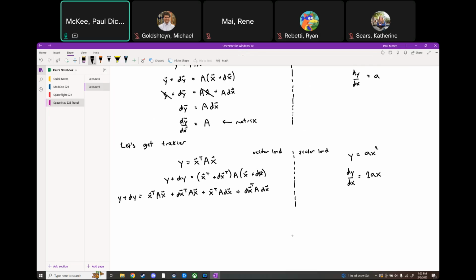Now in this case, we can cancel out y and x transpose Ax because we know that they're equal to each other. And also in this case, we've got a differential element squared, so this is approximately 0. So we're going to ignore that.